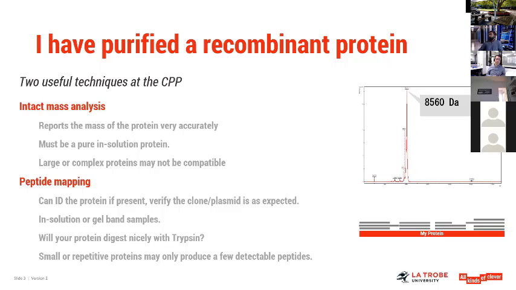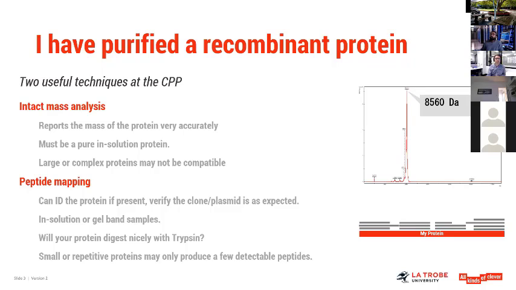So for intact mass analysis, if you have a pure protein, it will give you a very accurate mass reading for it, surprisingly enough. So in Daltons, in this little example on the right here, this protein is 8,560 Daltons. So it's much more accurate than an SDS-PAGE gel can provide you.